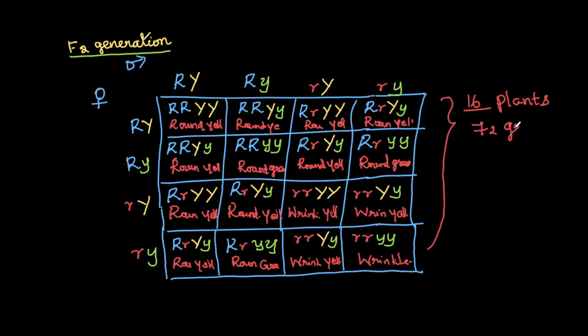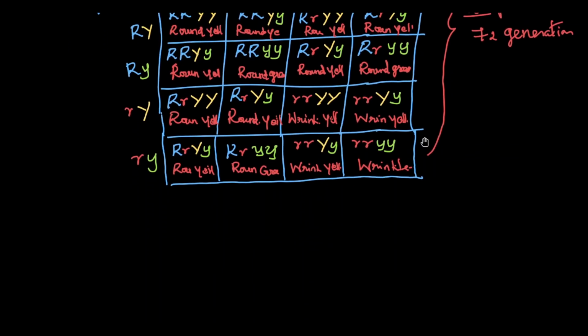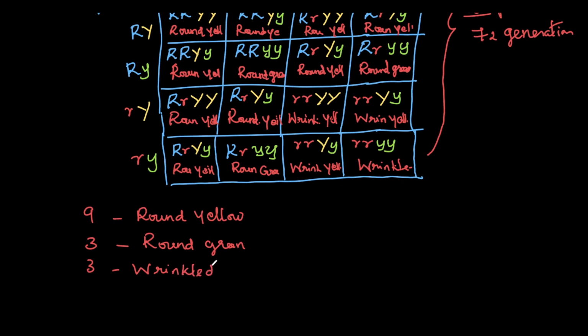In the F2 generation, if you look at this, 9 plants are round yellow, the dominant character. 3 plants will be round green, having the phenotype of round green. 3 plants will be wrinkled yellow, and 1 plant is wrinkled green.